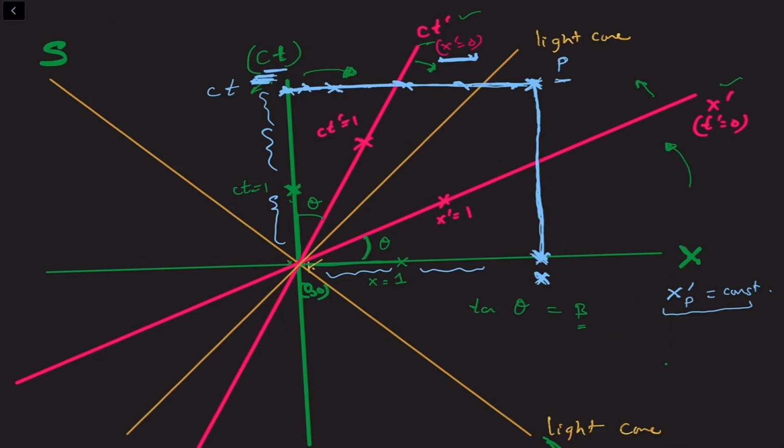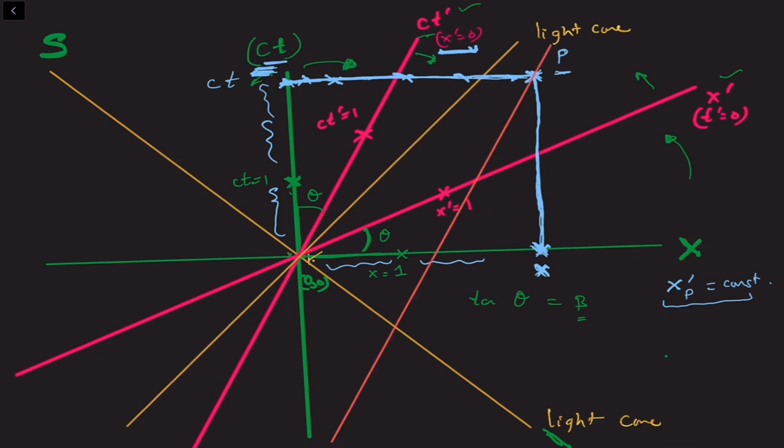So let's draw that. This is what that line would look like. This would be the x prime P is equal to constant line, which passes through P and is parallel to the x prime is equal to 0 line. What you would then do is see where this intersects the x prime axis.